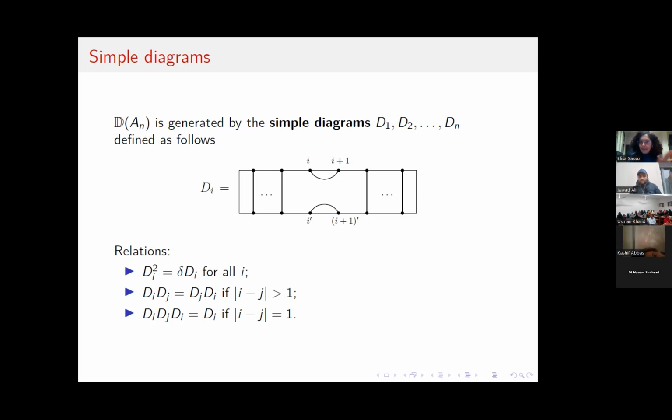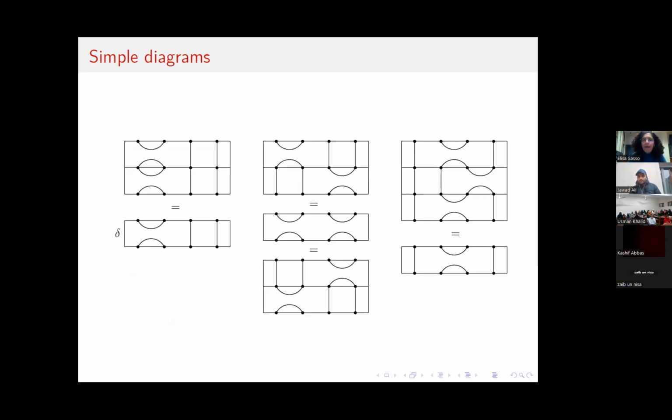This is the key for constructing our representation. Here I put an example of how these three relations work. In fact, if we multiply a simple diagram with itself, you see that we obtain one closed loop, so we have the diagram itself with a little loop, and we put a delta factor in front of that.